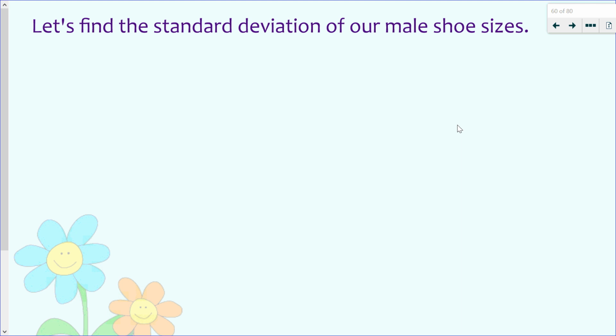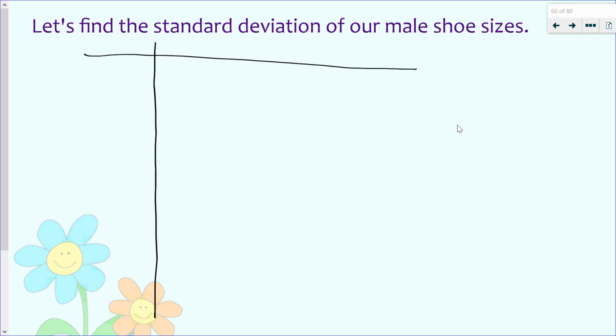Let's do that on our papers. The first thing we have is X. X is just our data points, in other words, our shoe sizes. So X, comma, shoe sizes, and we're doing male, as if we were buying in a male shoe size.